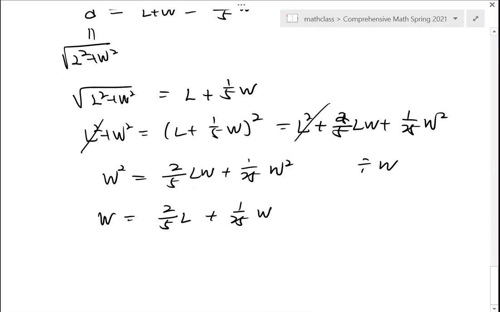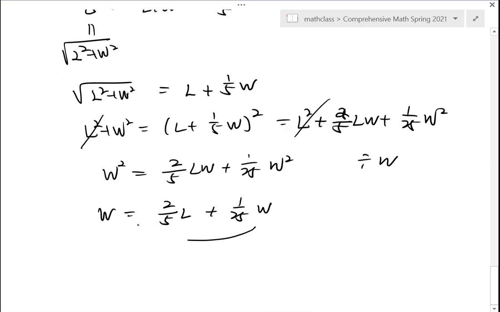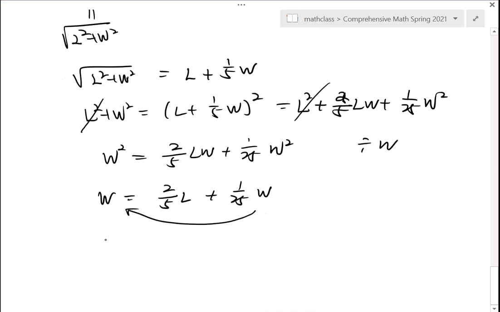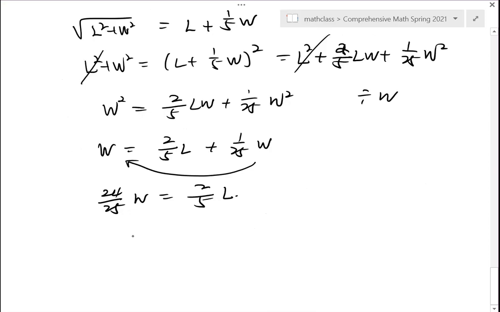So I'm going to move this to the left-hand side. What I get is 24/25 W equals 2/5 L. Therefore, W over L equals 2/5 times 25/24.